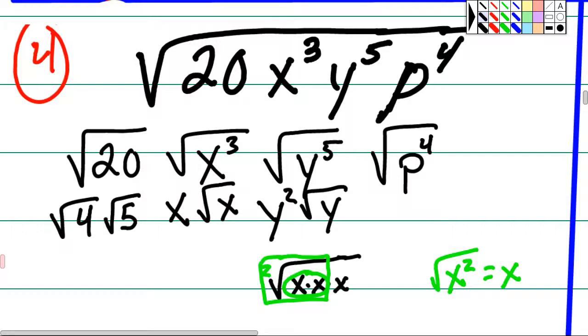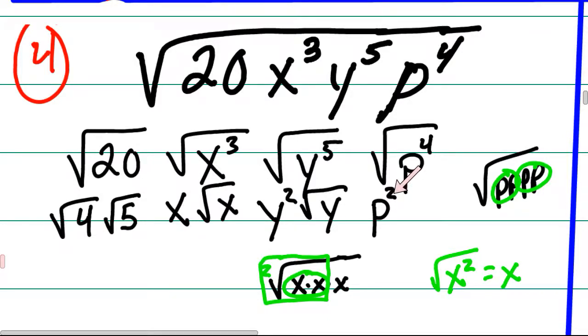How many groups of 2 can I take out of that? Well, p squared, right? Is there anything left over? Nope, they all came out. Because I really had p times p times p times p, and I was able to take one group out, 2 groups out. So that's where this 2 came from. I took 2 groups of 2 out.